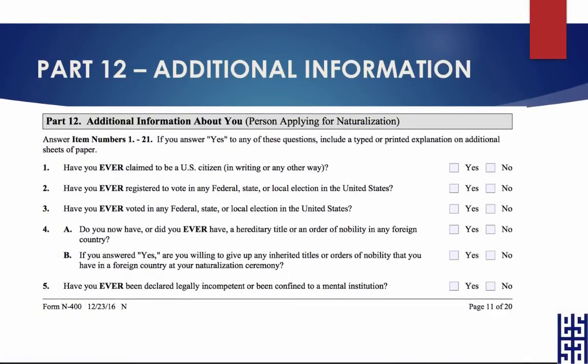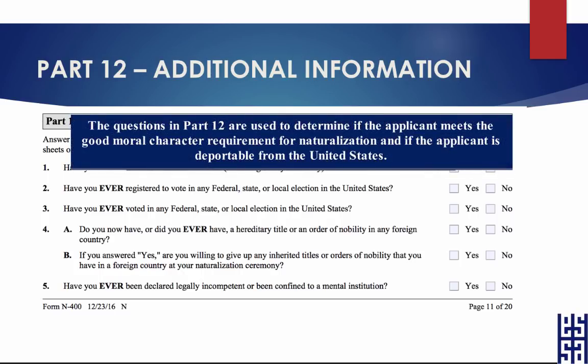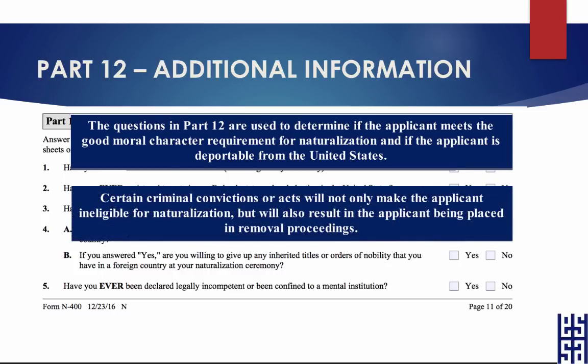The questions in Part 12 are used to determine if you meet the good moral character requirement and if you are deportable from the U.S. Certain criminal convictions will not only make you ineligible for naturalization, but will also result in you being placed in removal proceedings.